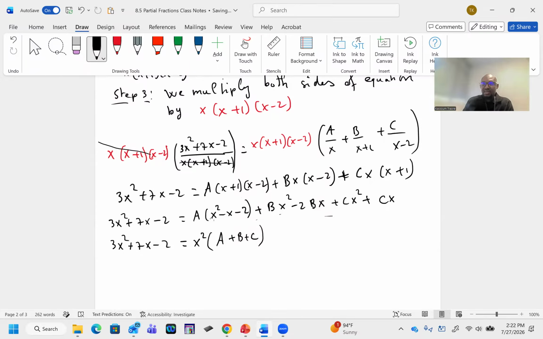Then plus, if I distribute a, I will have negative ax. So in here, I will factor x plus x factor. We will have negative a, negative 2b, plus c, right? And then we'll have a times negative 2, so we'll have negative 2a as well.